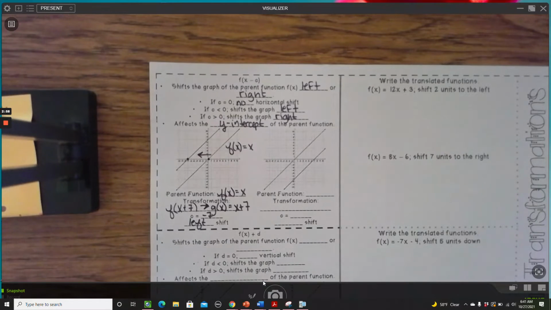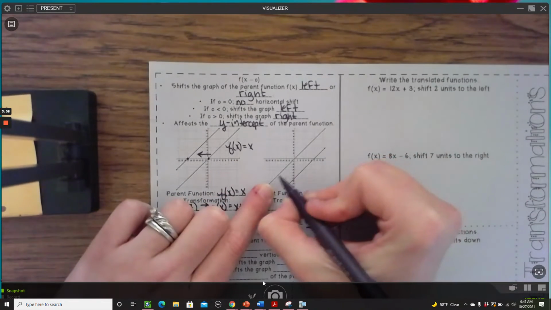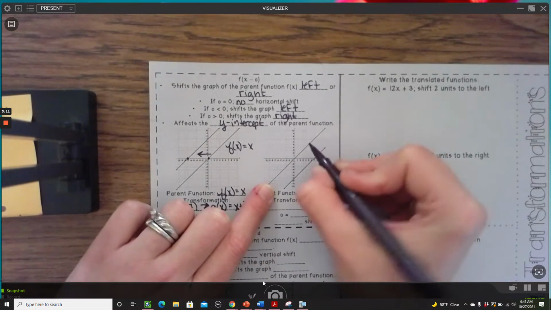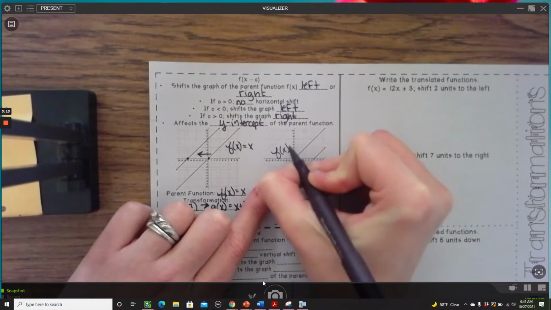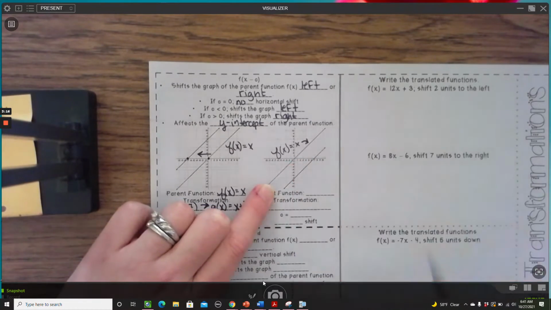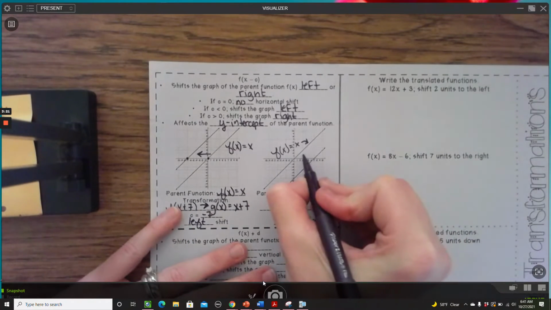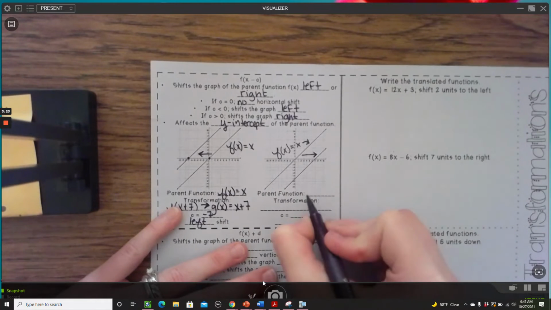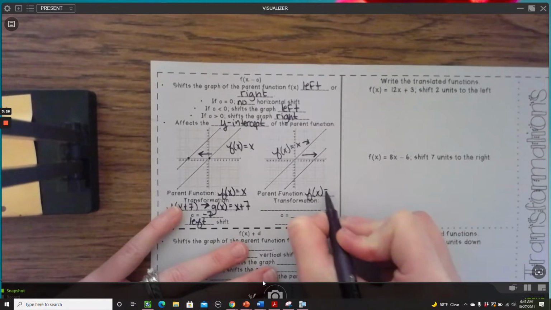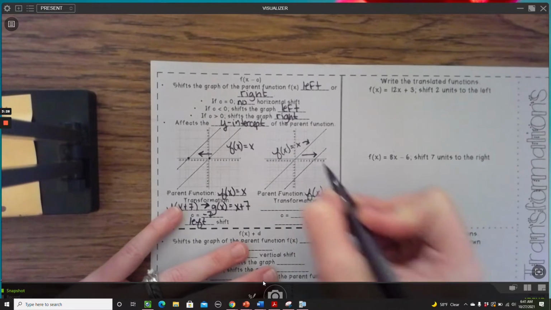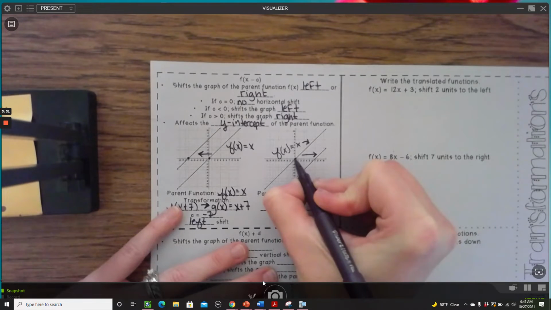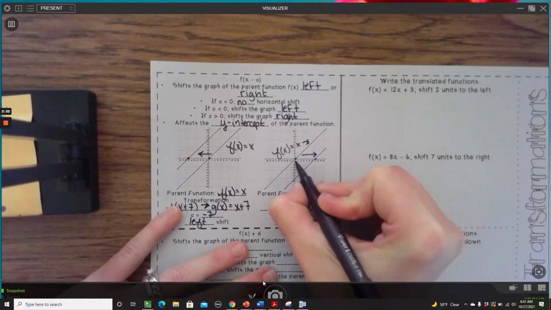I know this is a lot of information, okay? But there are rules, and we always follow the rules, and those will keep you safe and help you with this. Our original function here is the parent function f of x equals x, that line that goes through the origin. This time we shifted this line to the right. If I find the points on the x-axis, I went from 0 to 7.